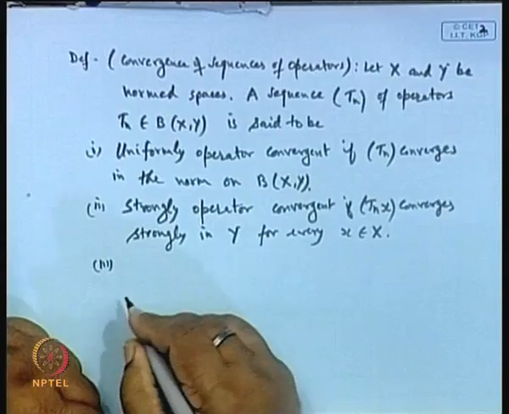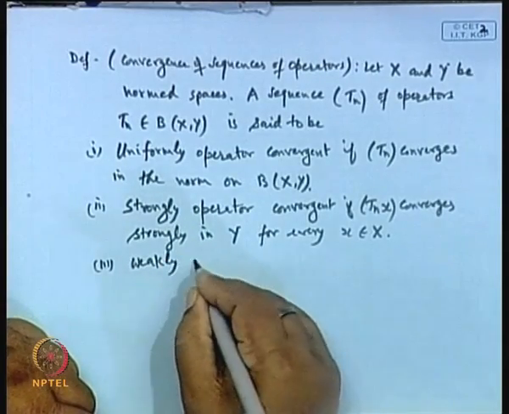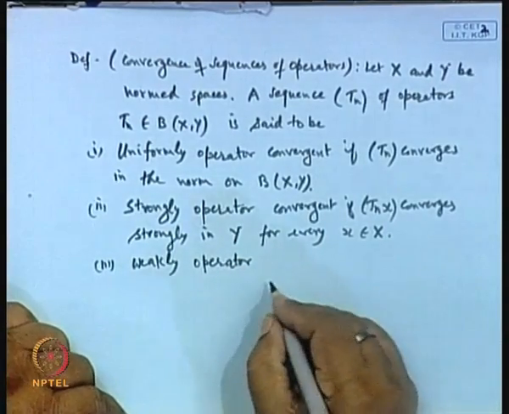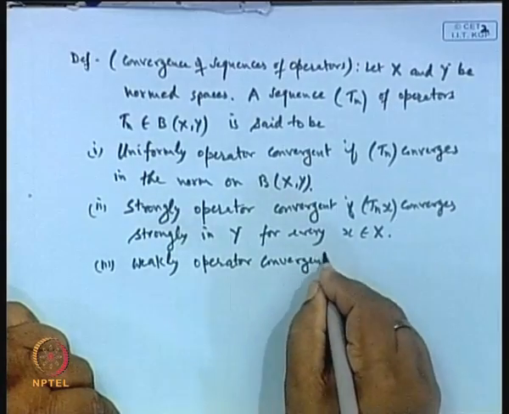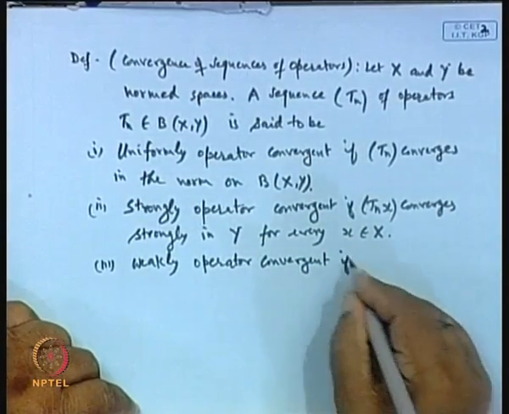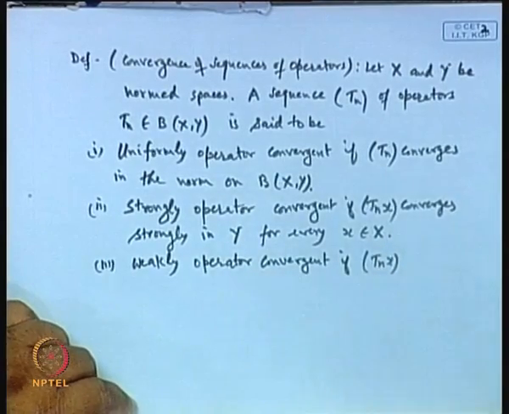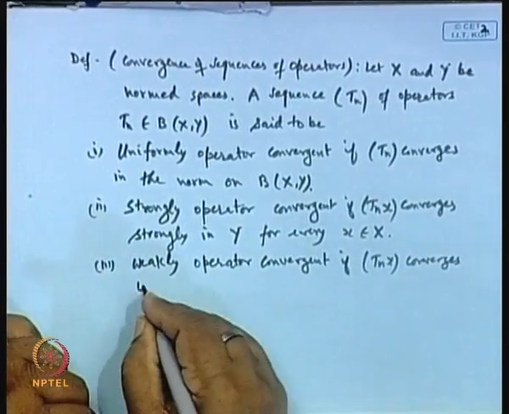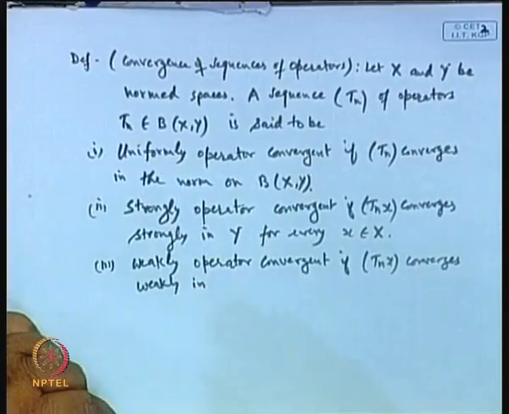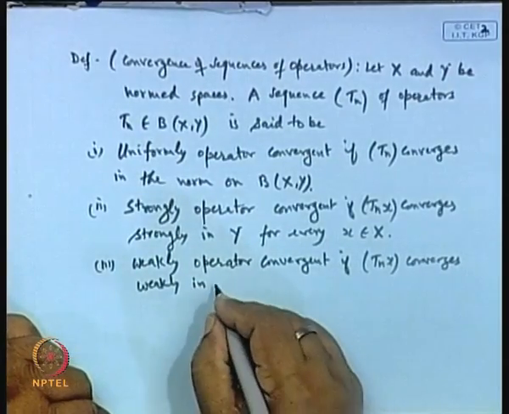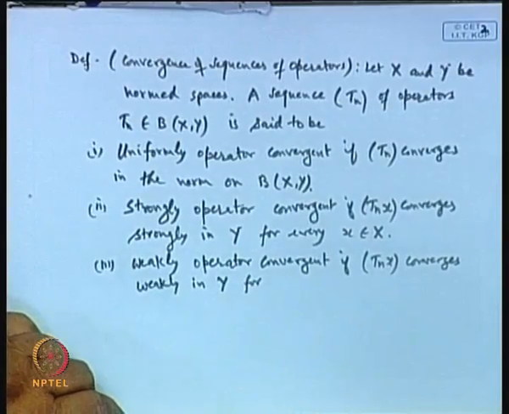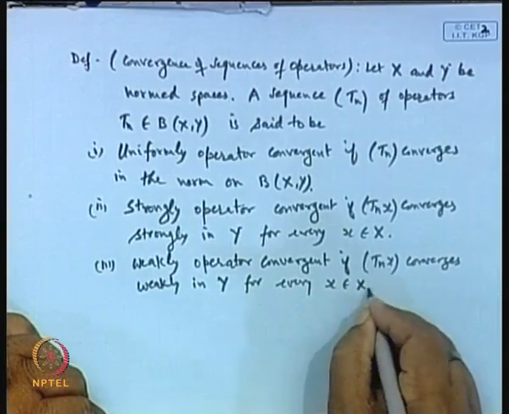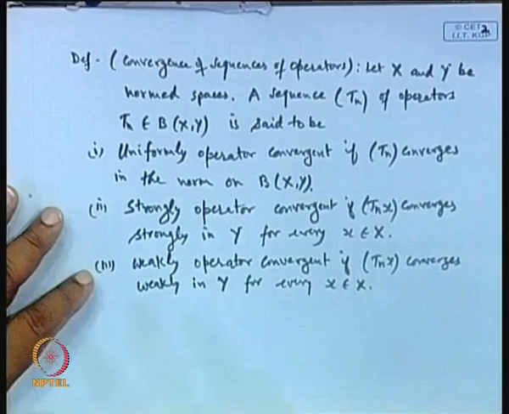Third is weakly operator convergent if the sequence T n x converges weakly in Y for every x belonging to X. So, this is known as the weakly operator convergence.